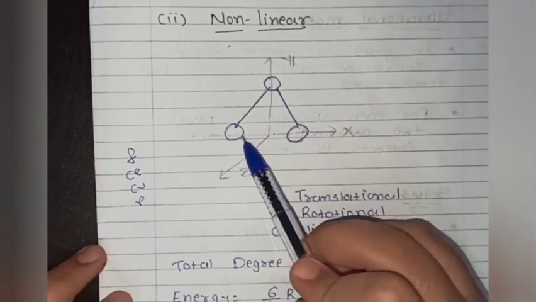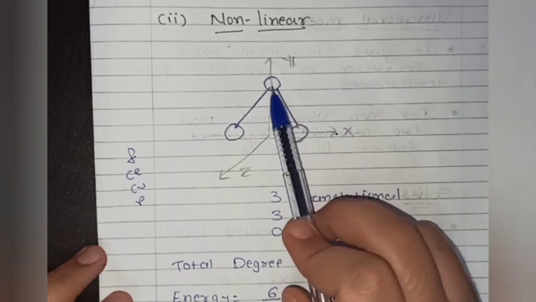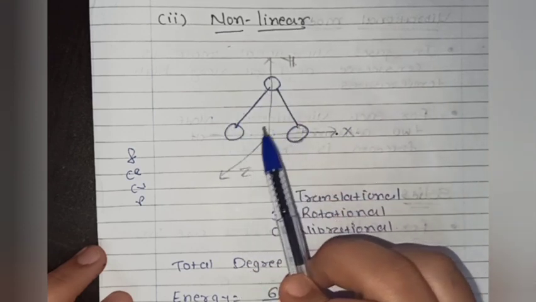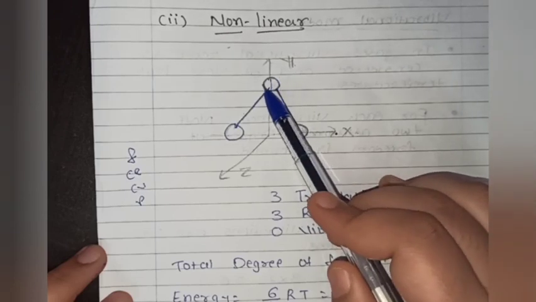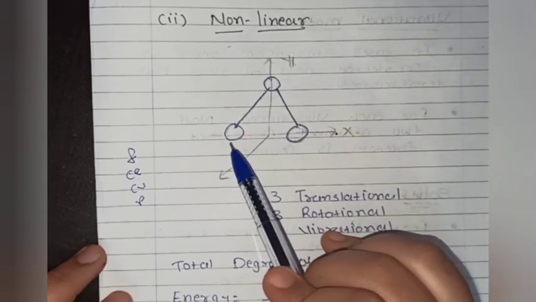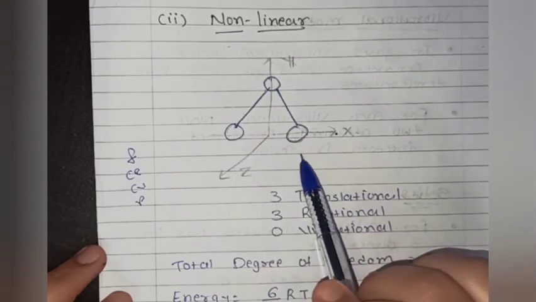So for rotation along x-axis, the rotational energy is considered. Now if it is rotating about y-axis, then the rotational energy of this atom is negligible, but the rotational energy of these 2 atoms is not negligible.